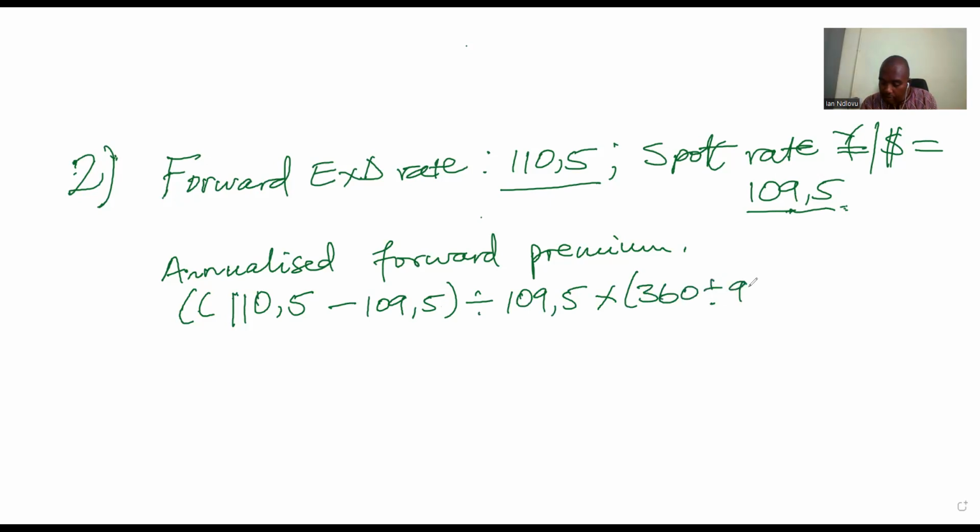We still have the same duration for all three scenarios, multiplied by 100 to get the annualized forward premium as a percentage.